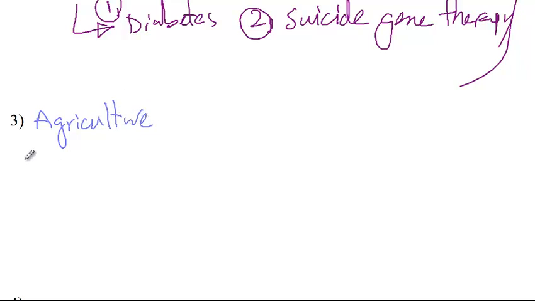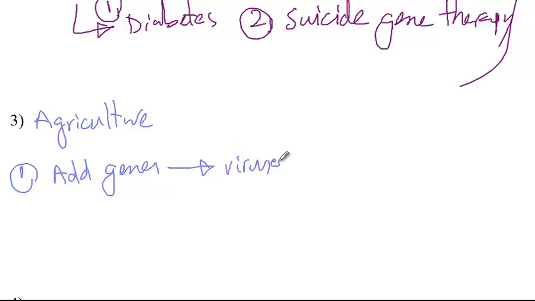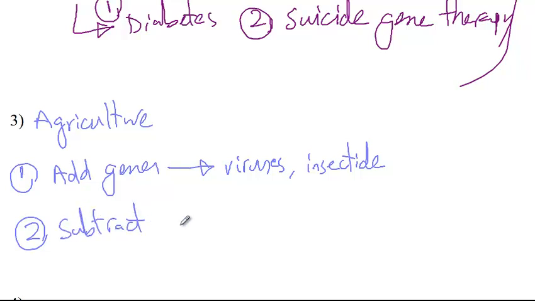You can, for instance, add genes to plants in order to make them resistant to, for instance, viruses. Or add genes so that these plants will have their own insecticides, and so they would be resistant to different insects. Or you could do gene subtraction, right? So subtract genes, knock out certain genes so that you would decrease, for instance, the starch content of their products.